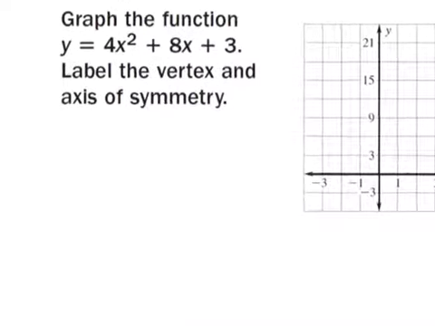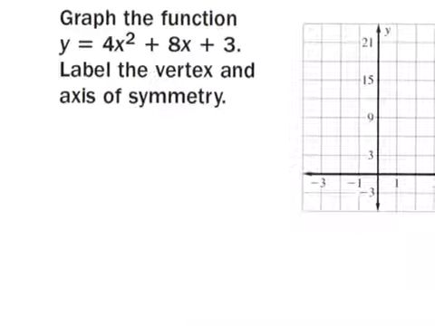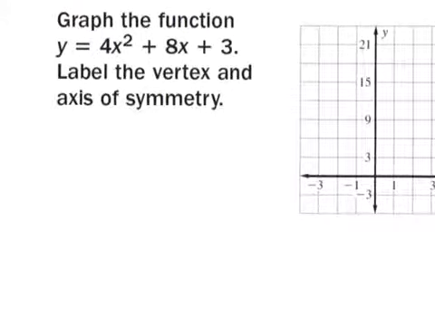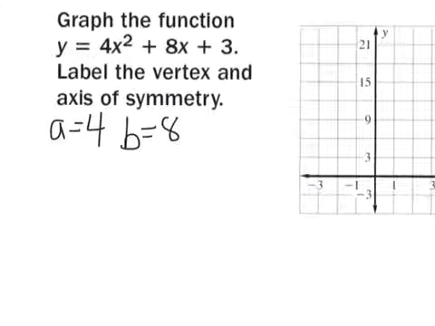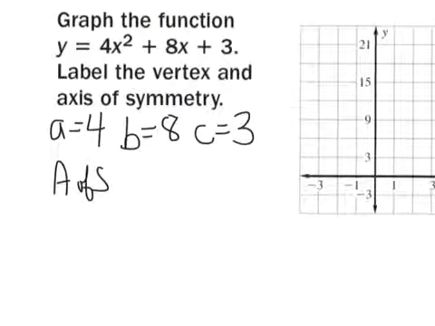Okay. So first step is to identify your A, B, and C. So A equals 4, B equals 8, and C equals 3. Second step, find that axis of symmetry by doing that negative B over 2A. And you don't have to write that formula down every time.